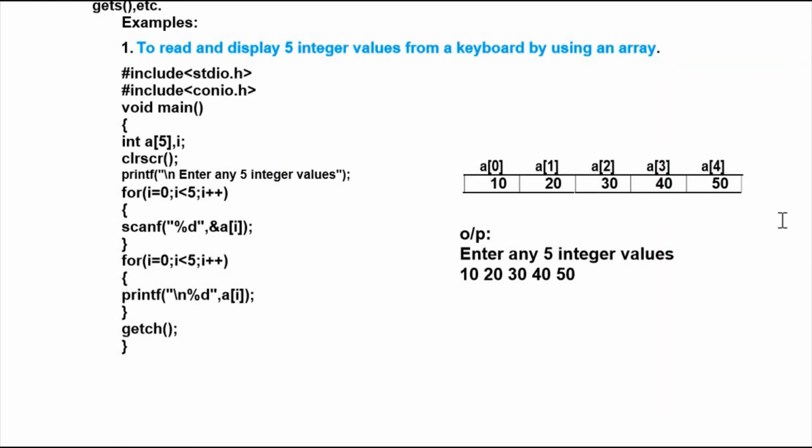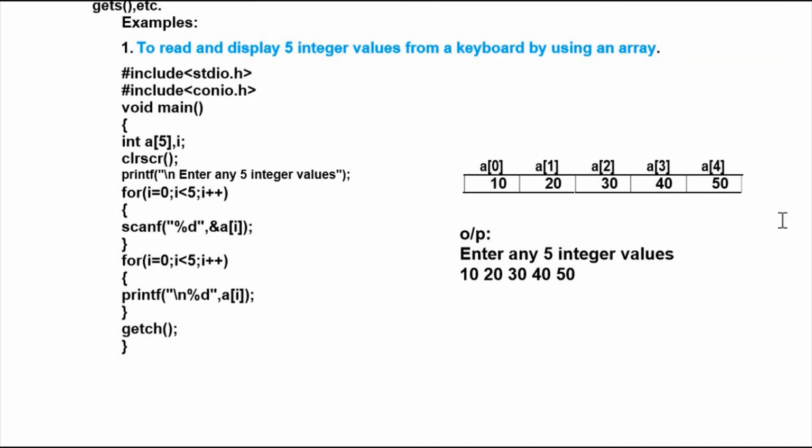So for i is equal to 0 up to 5. Since I am counting from 0, I can write here i less than 5. I am incrementing the i value each time the loop happens.